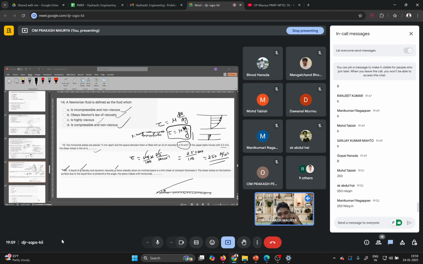Here velocity is not given, remember please. So you cannot use the above concept we discussed in question number 15. You cannot apply it here.